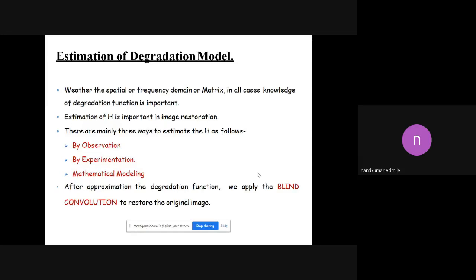Now let us come to the estimation of the degradation model.